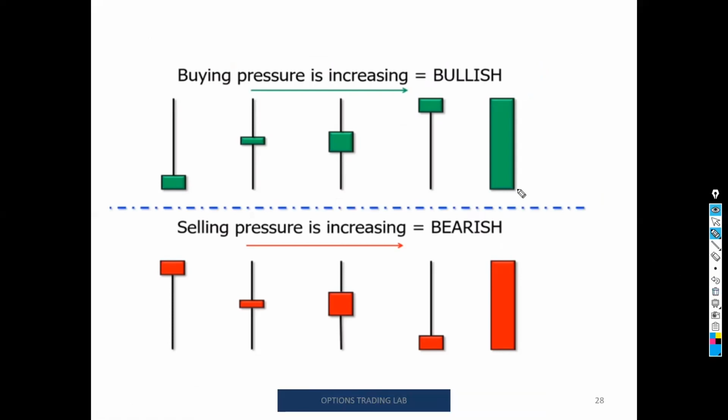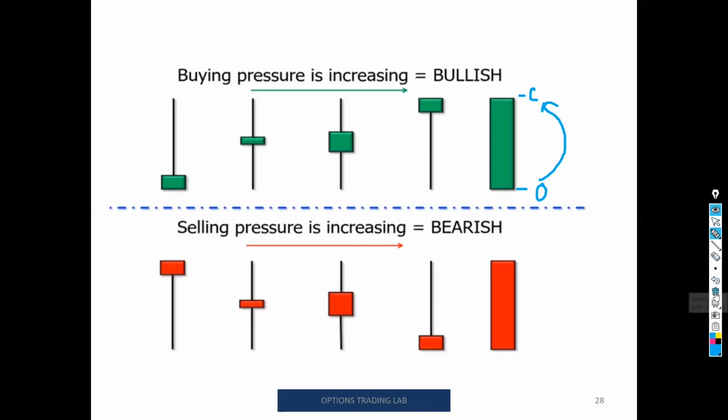Because the candle opened here and the candle closed here. There is no wick. The buyers were able to push the price to this highest point, and they were able to close the price at that point. There was not an indication of any rejection in the market, or there were not strong sellers in the market at that time.